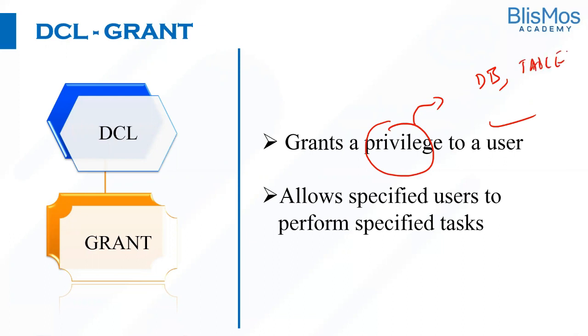Those are the privileges we are talking about. So grant allows the specified users to perform specified tasks. We cannot allow all the users in an organization to do all the tasks, right? So that is where, using a grant, we can give a privilege to a specific user to do specific tasks.